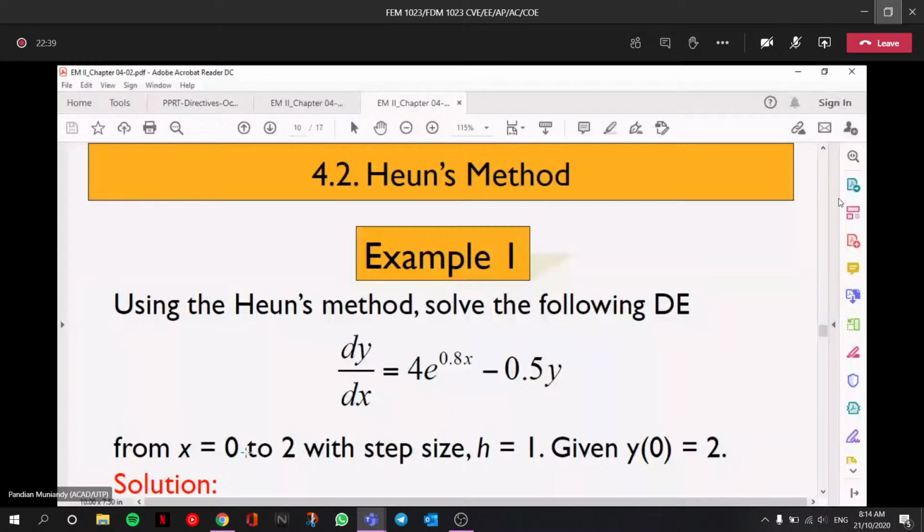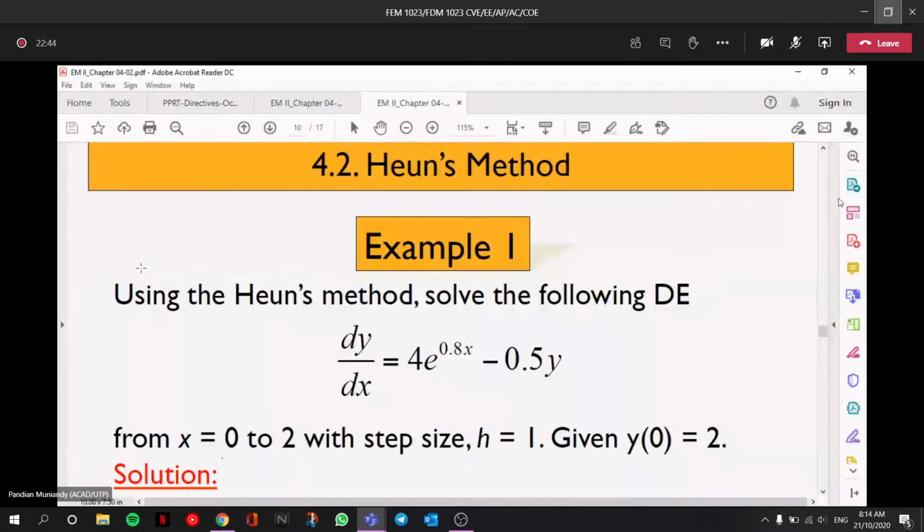Because here we are talking about the interval. Read the question carefully, spend more time doing exercises because the formula is straightforward. Using Yoon's method, so clear, you cannot use Euler's method.